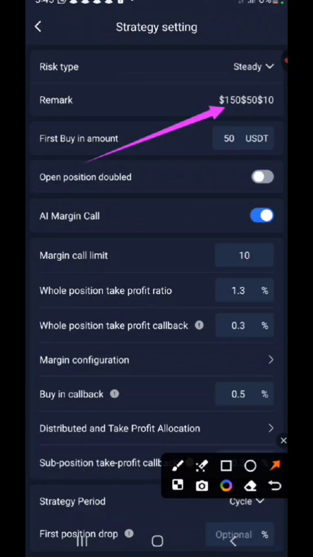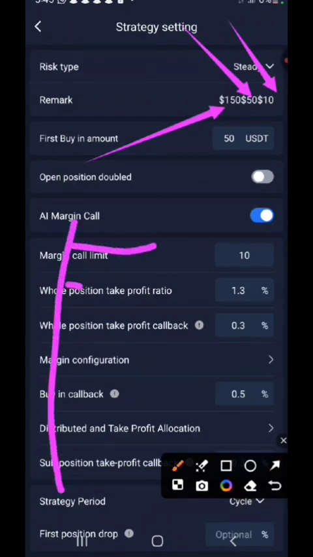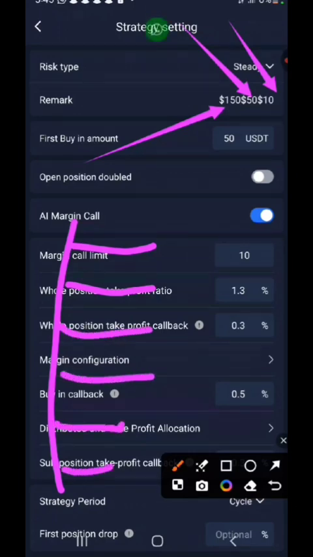So at first it's going to put $50 as my first buying amount. Whenever the market drops, it will inject $10. It will be using $10 to buy these other margin calls whenever the market drops.